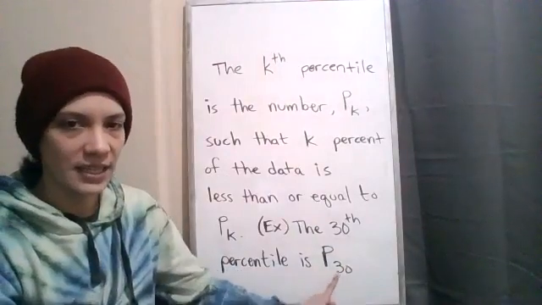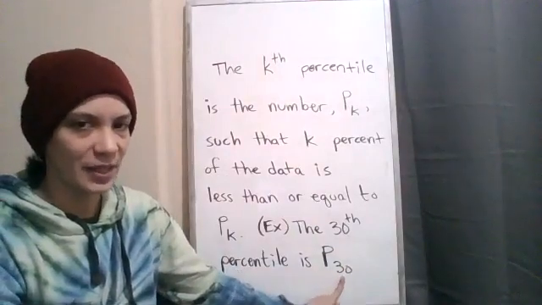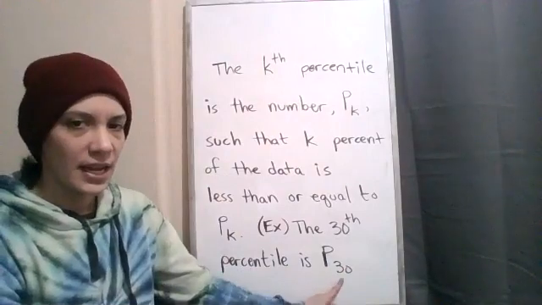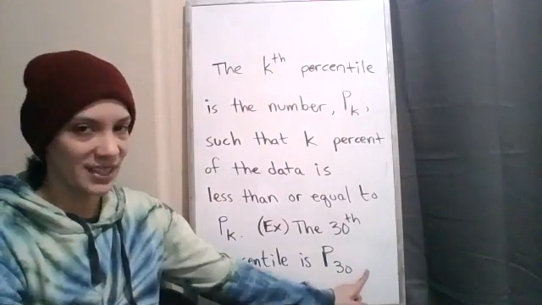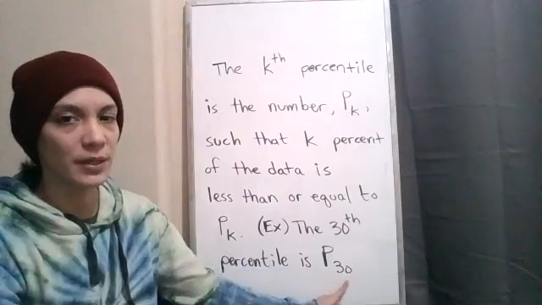P sub 30 is a number that has 30% of the data below the number, and the other 70% of the data will be above this number.